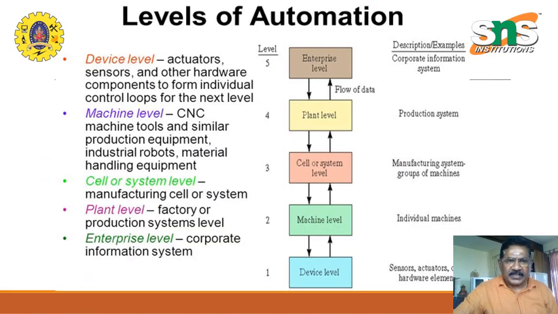The levels of automation: you have the device level automation, with small actuators just switching on and off, and sensors and other hardware components forming individual control loops.